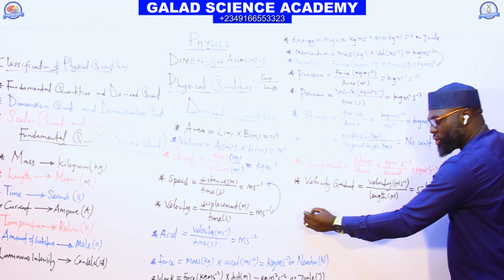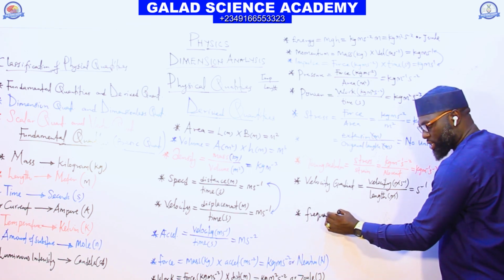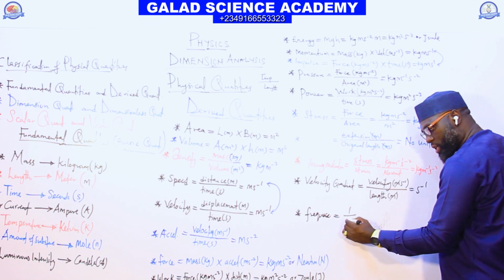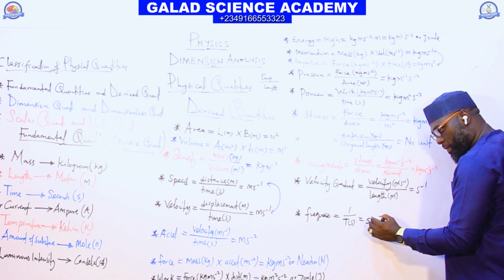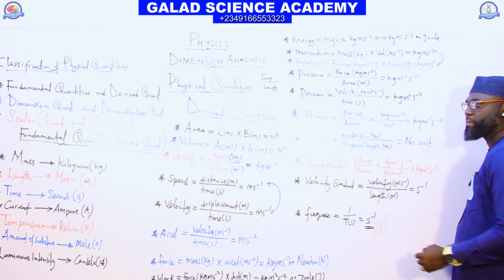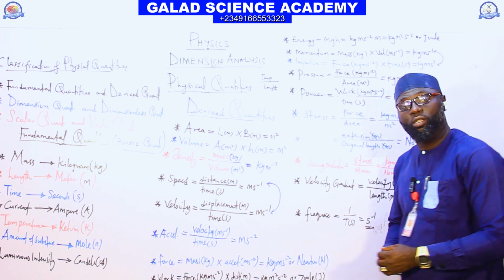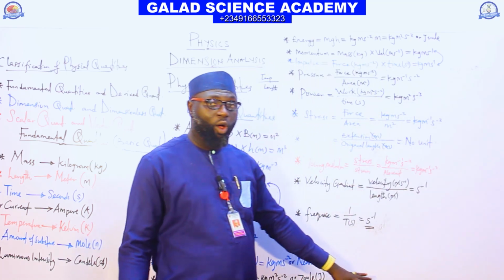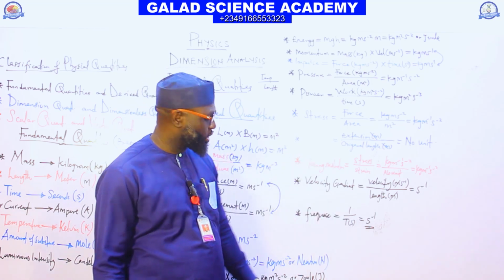So what is the unit for frequency? Frequency is 1 over period T. T is seconds. You have per seconds. See, but I cannot show all the units of derived quantity.